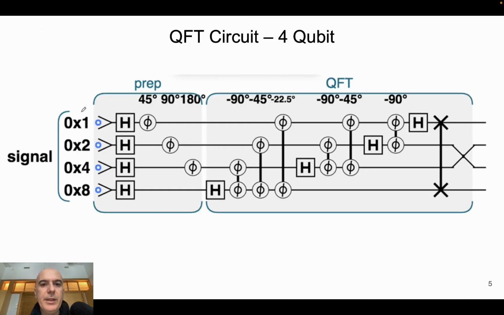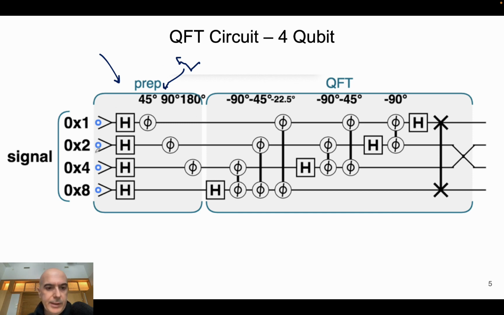The QFT circuit is depicted on this slide. As usual, we have a first step that puts all the states in superposition, and then it applies a rotation, and this is basically just to encode our signal in the relative phase. And then we have the quantum circuit that is going to extract the frequency out of this signal.